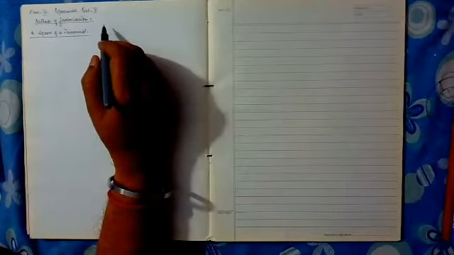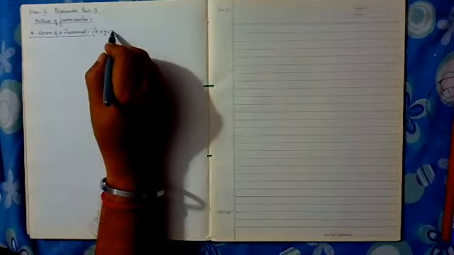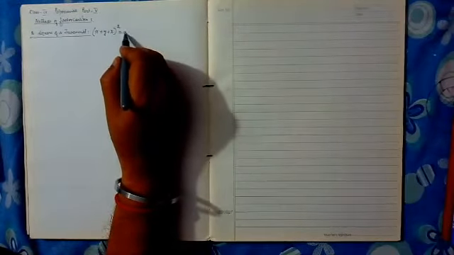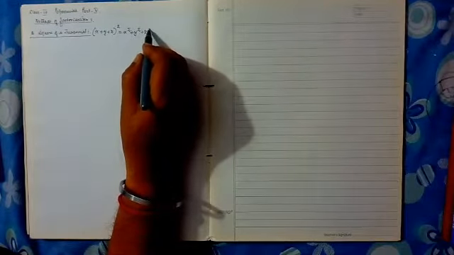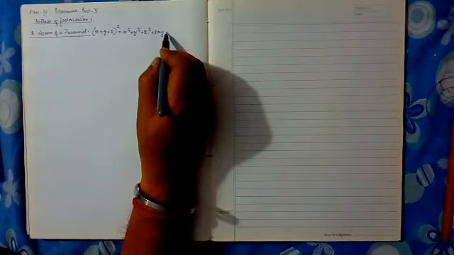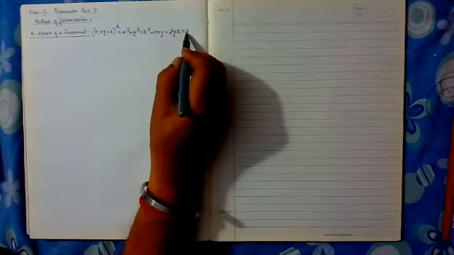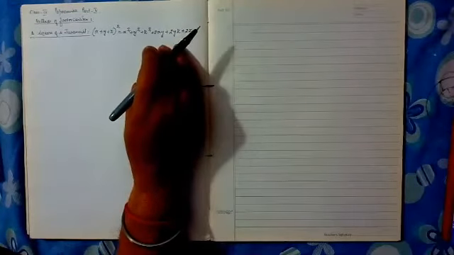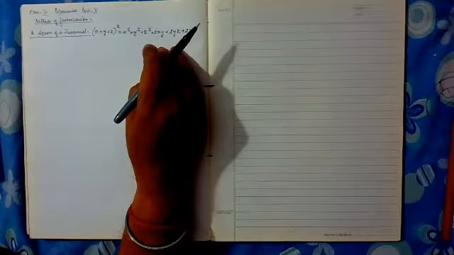The identity that we will use is (x + y + z) whole square is equal to x square plus y square plus z square plus 2xy plus 2yz plus 2zx. Now using this identity, I am showing you the method of factorization taking one example.